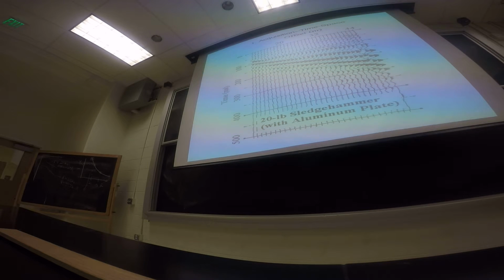So what we have measured is the Rayleigh wave dispersion curve. Actually, we measured it for the fundamental mode of the Rayleigh wave. This dispersion curve is essentially what we're going to use to build a velocity model of the Earth.